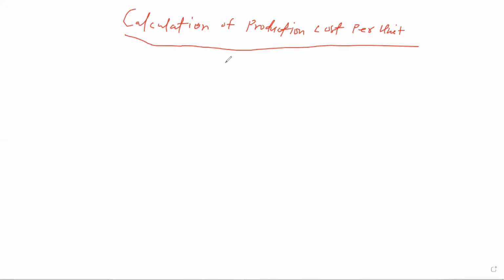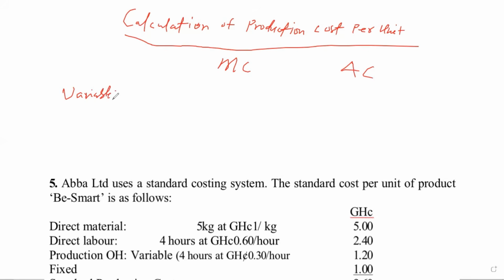So we have MC here and we have AC here. We have the variable costs. When you look at the question, for the variable cost, we have the direct material, write DM, then let's put our cedi signs here.